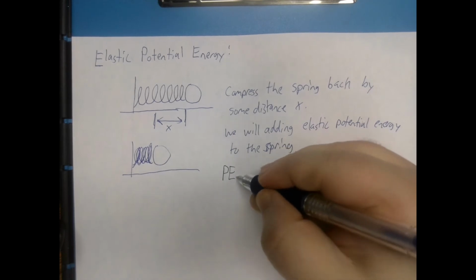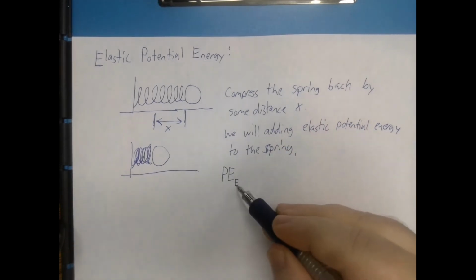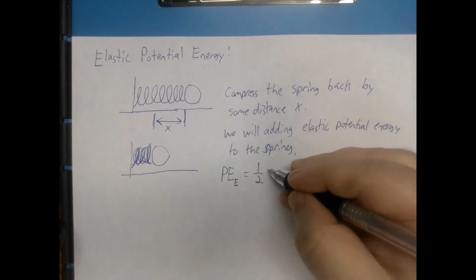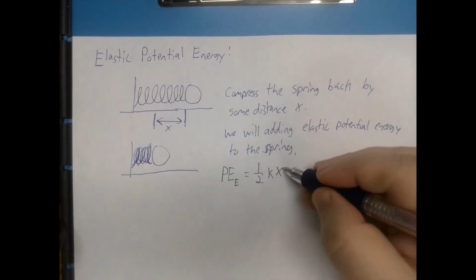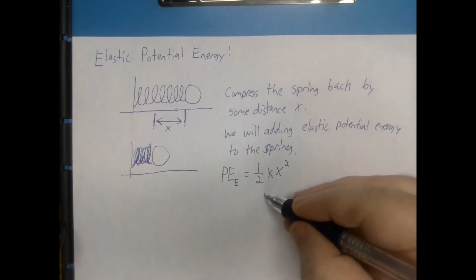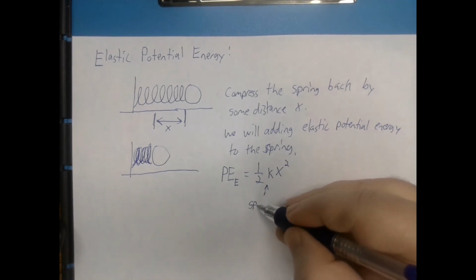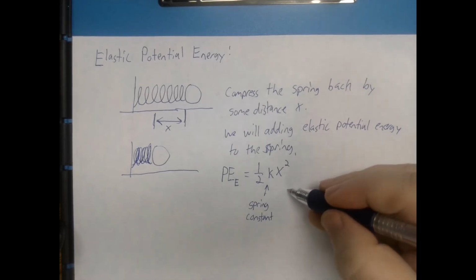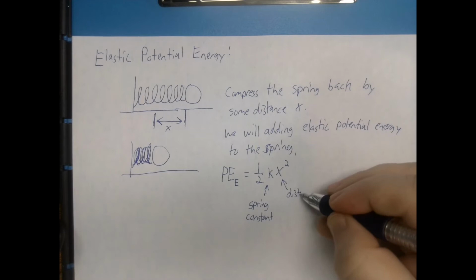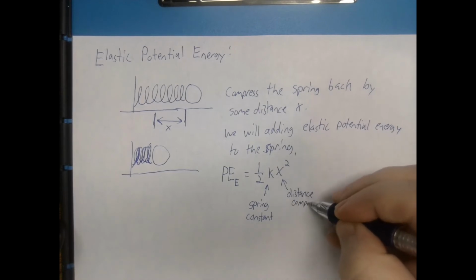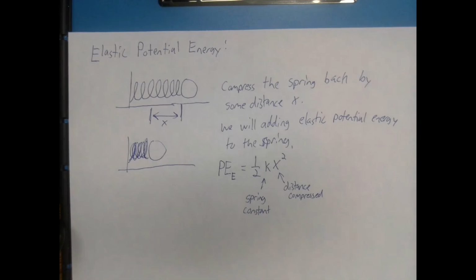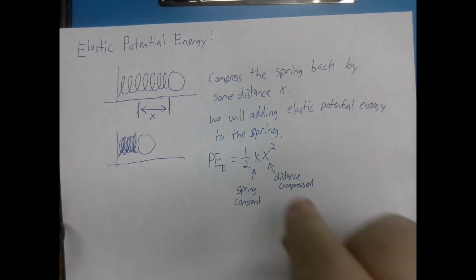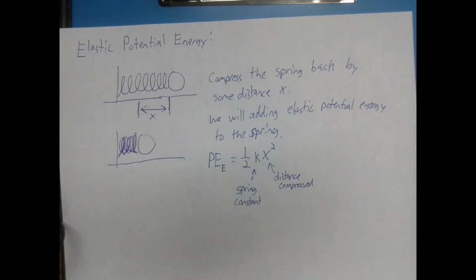The elastic potential energy, the subscript here standing for elastic, is equal to 1/2 times some constant times the distance squared. So this is the spring constant, and this is the distance compressed. This distance could be the other way too. If you pulled the spring out, it would be expanded rather than compressed.